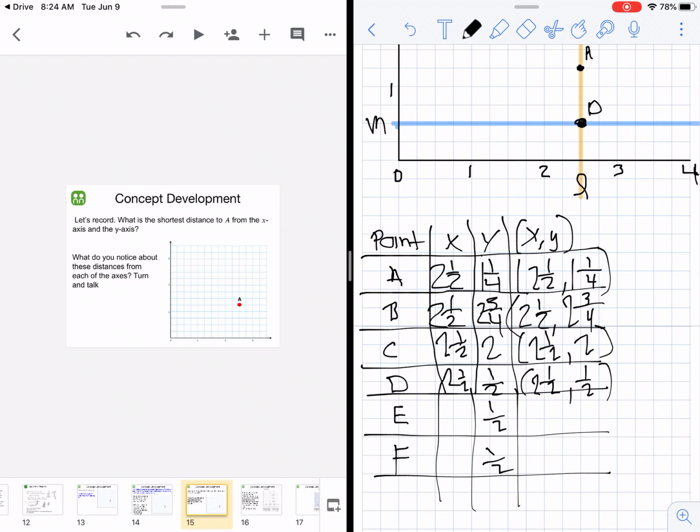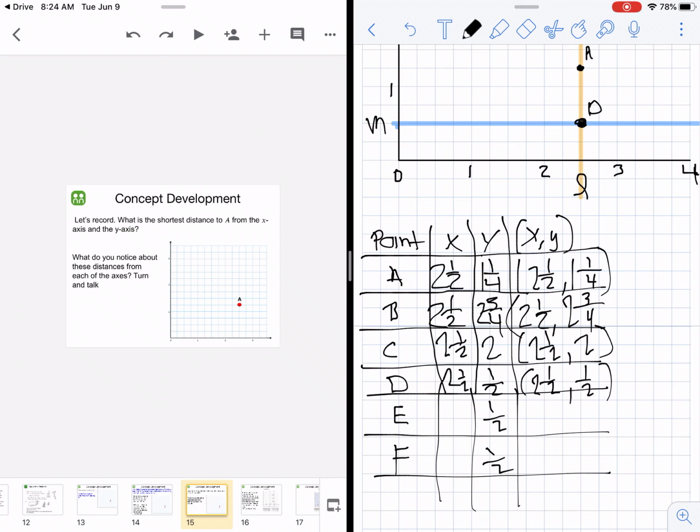So how far is D from the x-axis? From the x-axis, it's 1/2. Okay. How far is D from the y-axis? Going this way from the y-axis, it is 2.5.